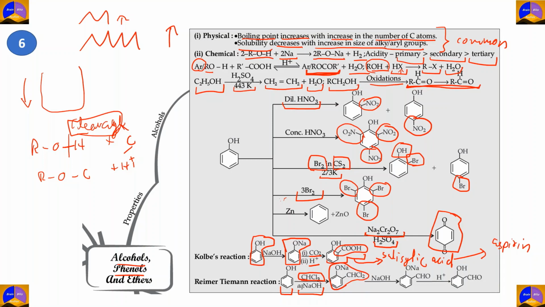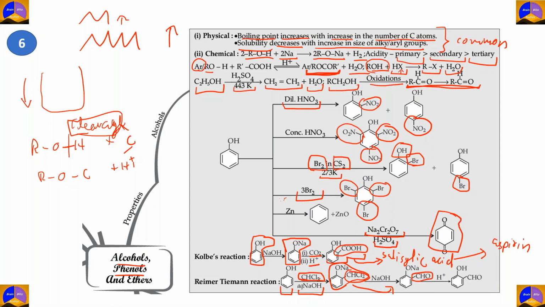So on treating phenol with chloroform in the presence of sodium hydroxide, a CHO group is introduced at the ortho position of the benzene ring. So this is the CHO group. So from here, if we progress the reaction with NaOH, we get a CHO group here in the phenoxide derived from phenol. CHO means that this compound becomes an aldehyde.